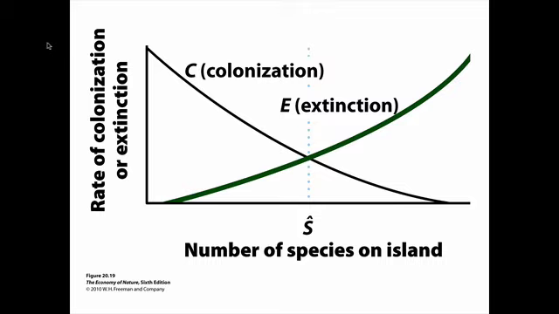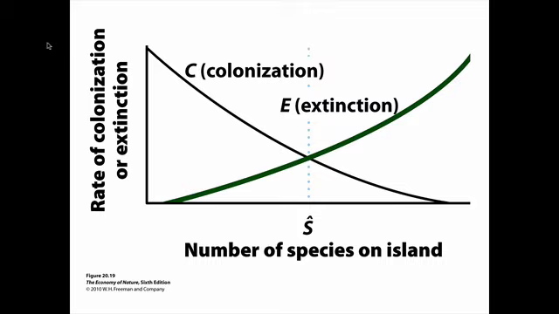All right, so what do we mean by these rates? It's critical to understand this in order to interpret what's going on. Well, what you need to do is to imagine that you have an island that's empty, and there's a source, maybe a mainland, that has a bunch of species. The way you interpret these rates has to do with the arrival or extinction of species on the island.